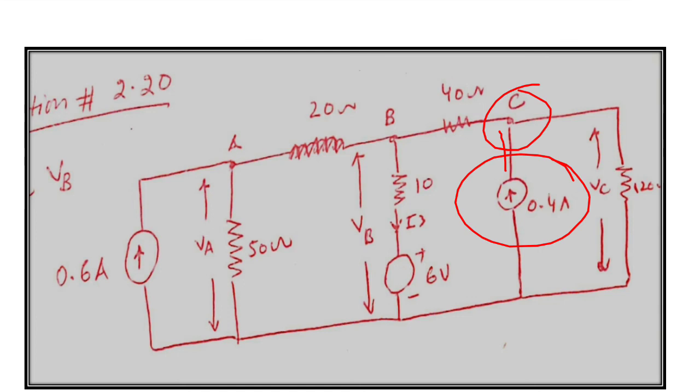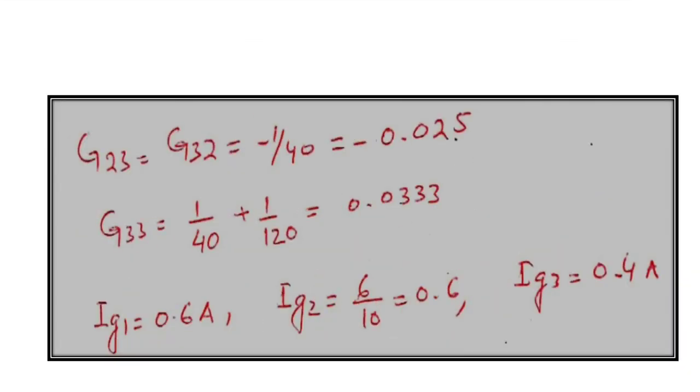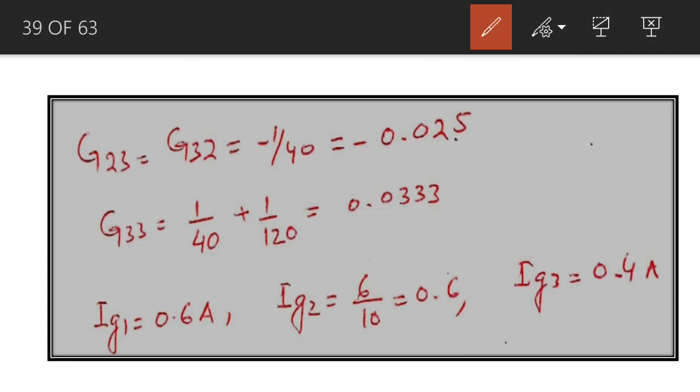So we have calculated Ig1, Ig2 and Ig3. Here is Ig1, here is Ig2 and here is Ig3.